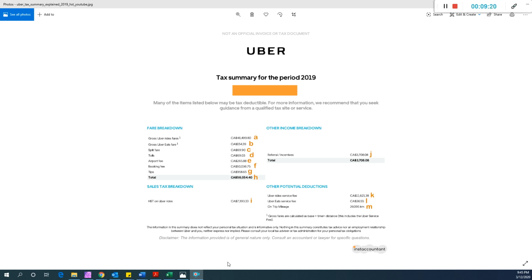So this is the amount that you collected as HST. Uber is recording all that, so it tells you at the end of the year. You can find those on your monthly summaries as well. So this is the amount that Uber tells you that you collected as HST. Most probably you're going to remit a part of this amount to CRA.